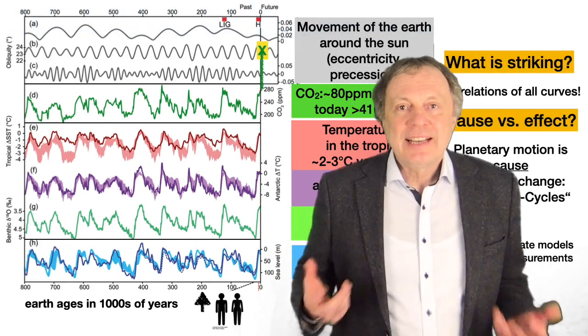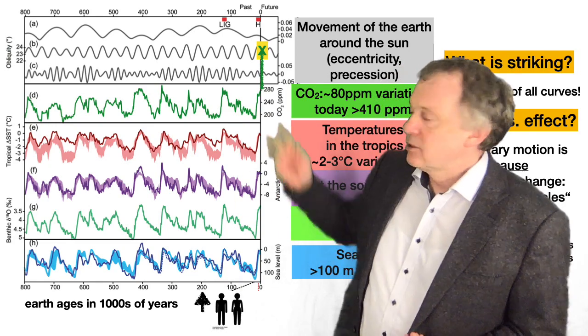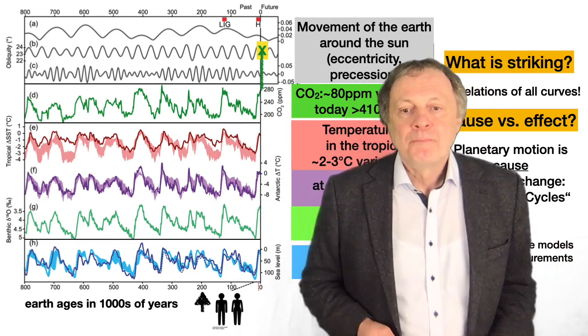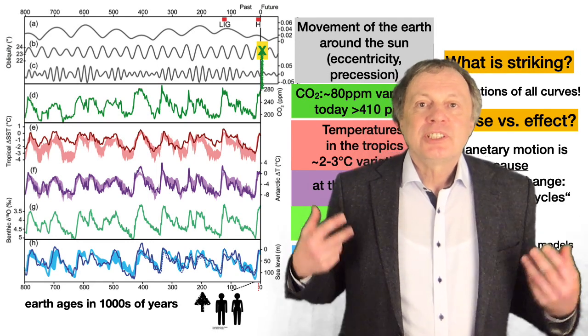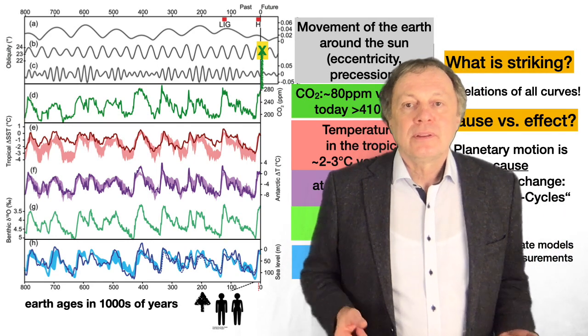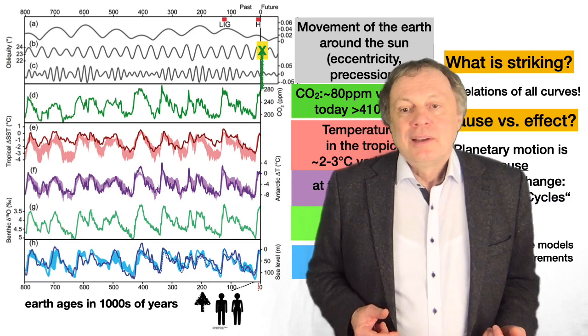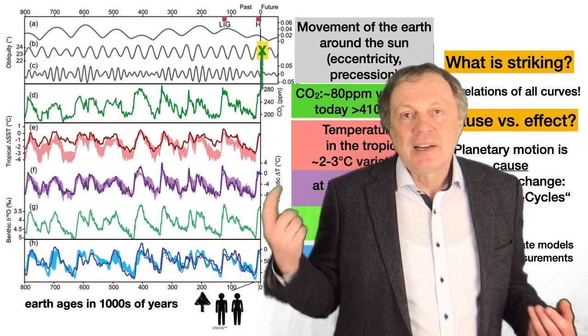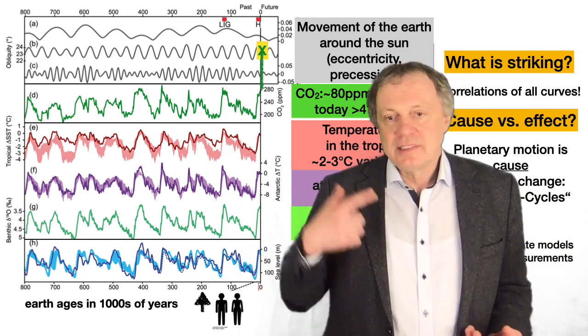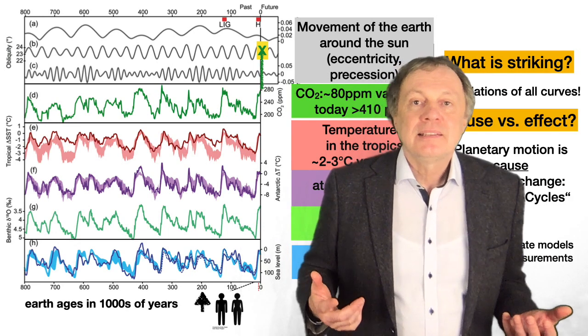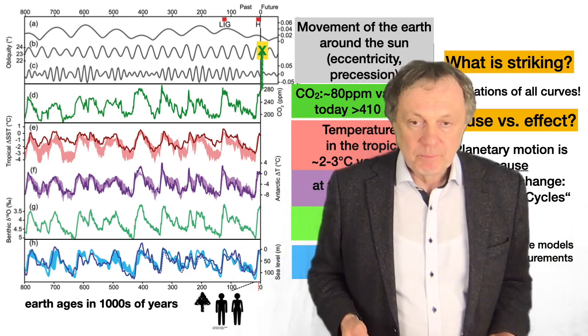Now we come to the next set of curves, which are the top 3 curves in gray or black. These are curves which describe the movement of the Earth around the Sun. You know, the Earth is going around the Sun. In the ideal case, it's just a circle, but in reality, it's not so easy.